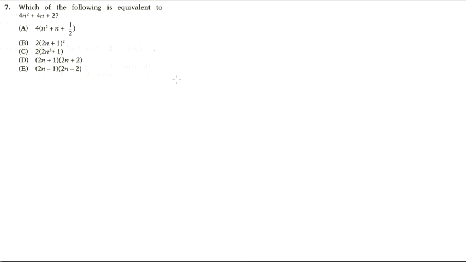Which of the following is equivalent to 4n squared plus 4n plus 2? Well, this looks like a factoring problem. Whenever I see that on the SAT problems, that's what I think of. So we can start with the choices we have here.